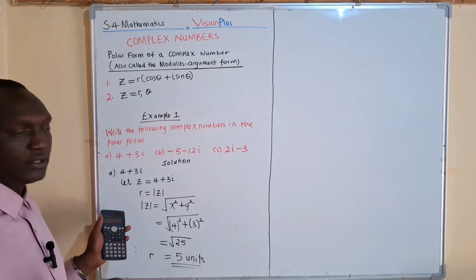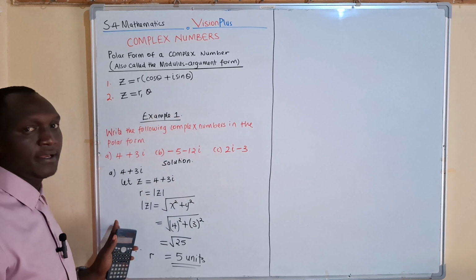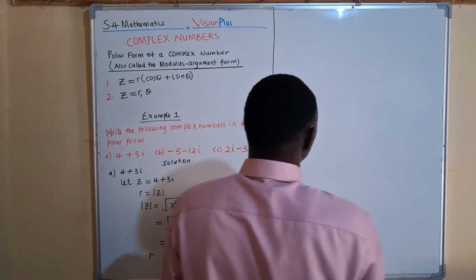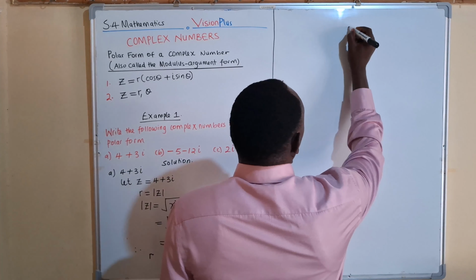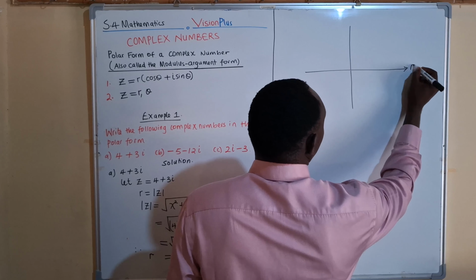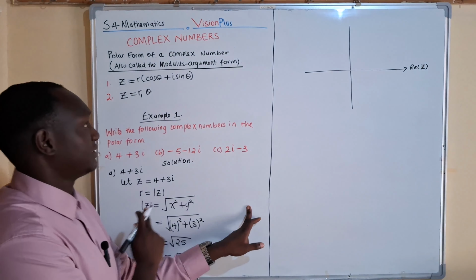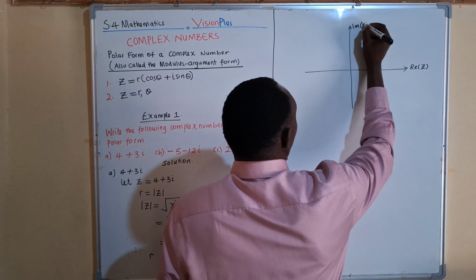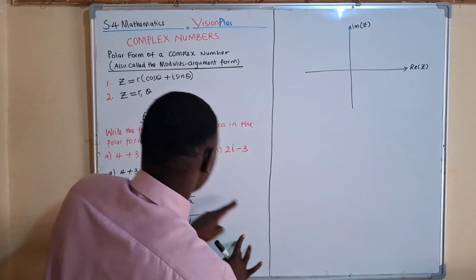Now, let us go on to find the argument of this complex number. We have seen how we find the argument of the complex number. We start by representing it on the Argand diagram. This is the real axis of z, and this is the imaginary axis of z. Our board is not stable, disturbing.